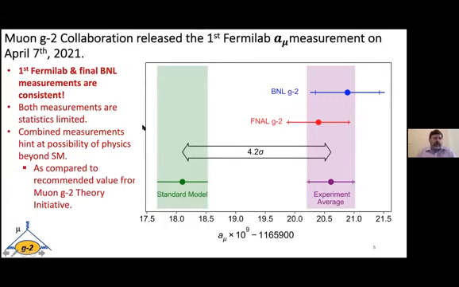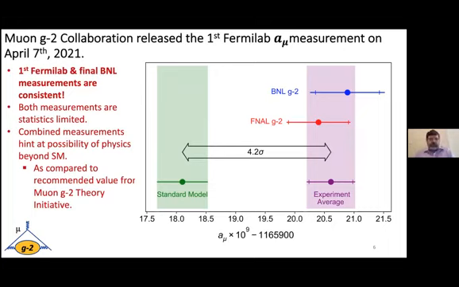So on April 7th of this year, the Muon G-2 collaboration released its first Fermilab measurement of the muon anomaly. And so we were all happy that the Fermilab measurement here is in agreement with the BNL final result.